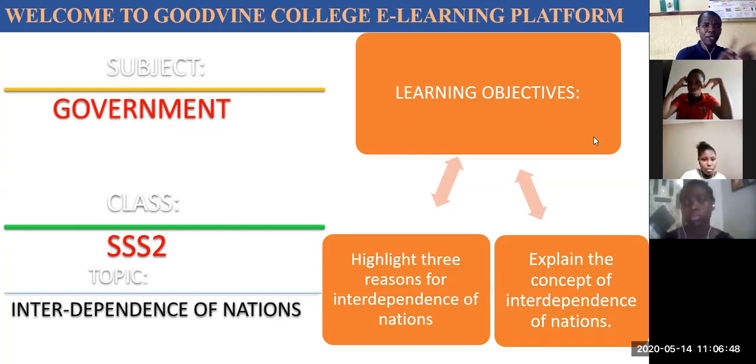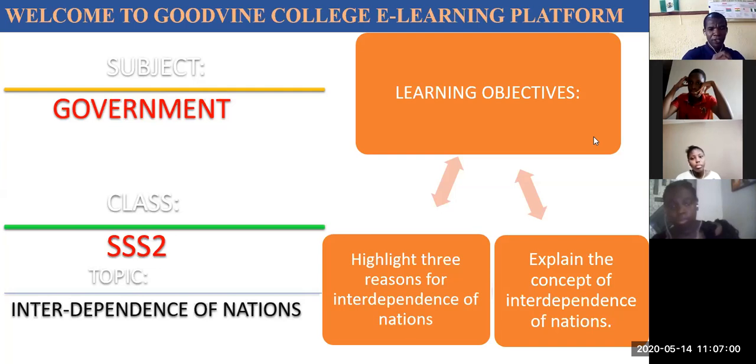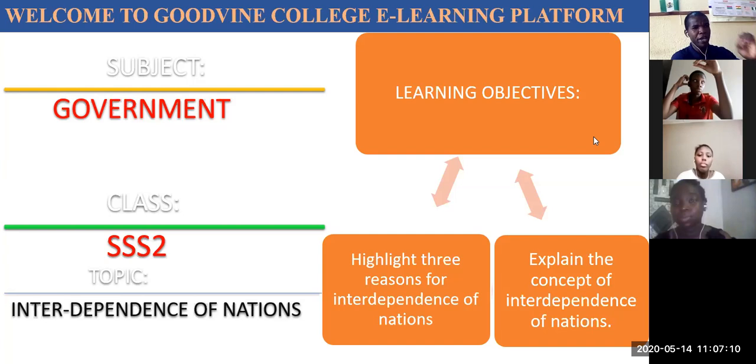Inter means between, but in this concept now, it could be between or among. You will understand better as we forge ahead with the topic. So, nations in this concept means states or countries in the world.